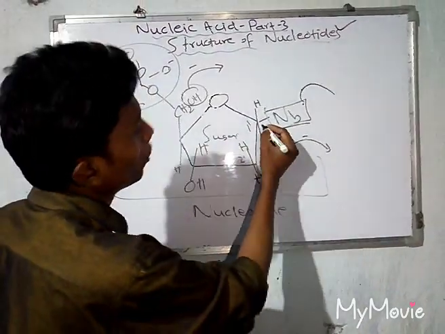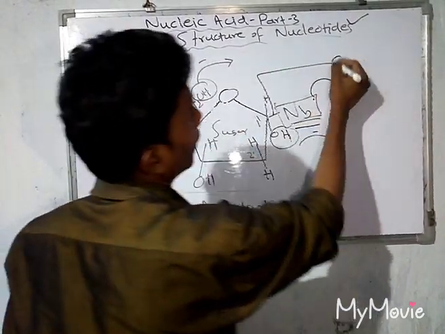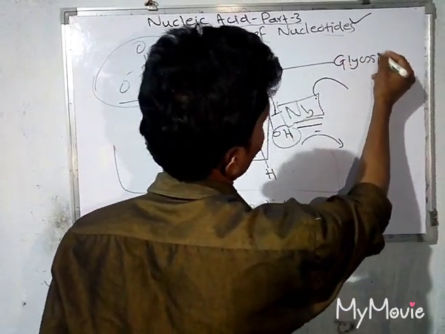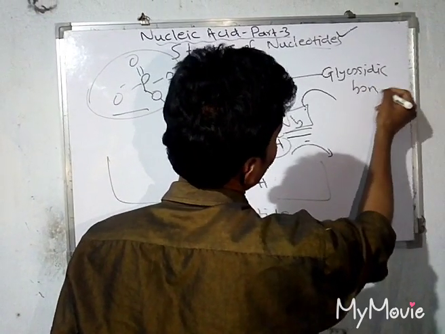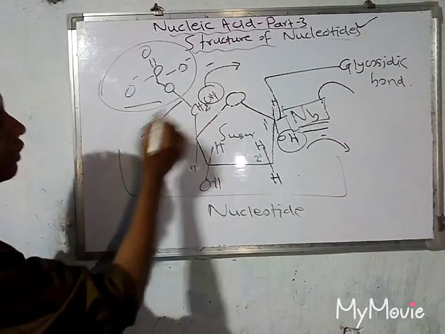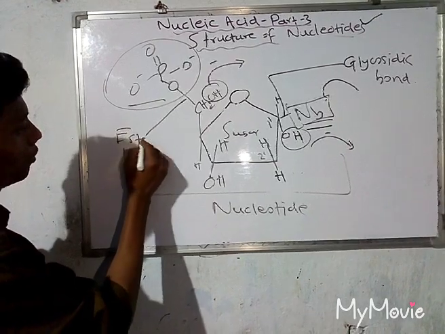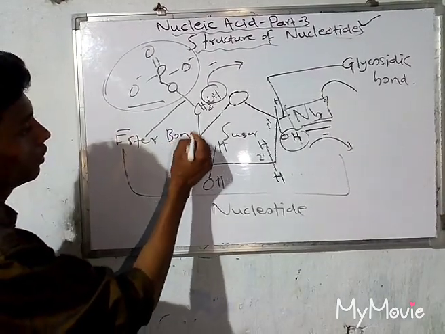Clear? And here you should know that the nitrogenous base is attached to the first prime carbon of the sugar, and there is a specific connection. The bond between nitrogenous base and sugar is called a glycosidic bond. What is that? Glycosidic bond.